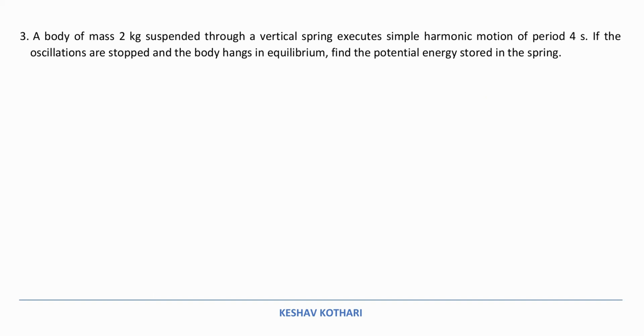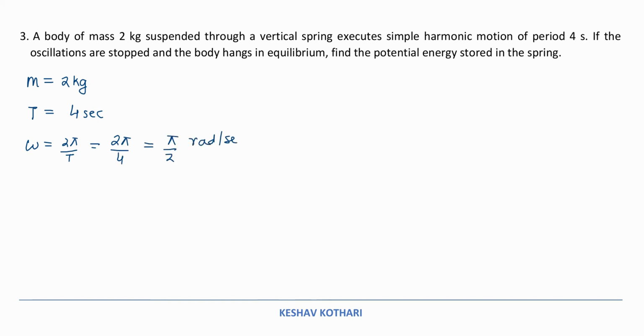The problem is stating that a body of mass 2 kg suspended through a vertical spring is executing SHM with a time period of 4 seconds. So we can calculate omega as 2 pi by capital T, which is equal to 2 pi by 4, which is equal to pi by 2 radian per second.